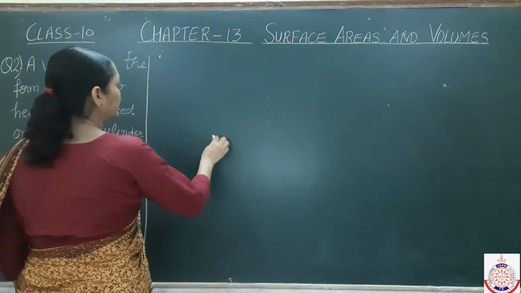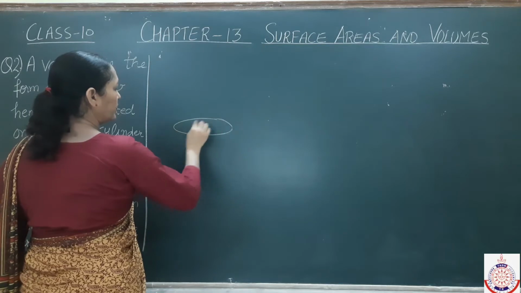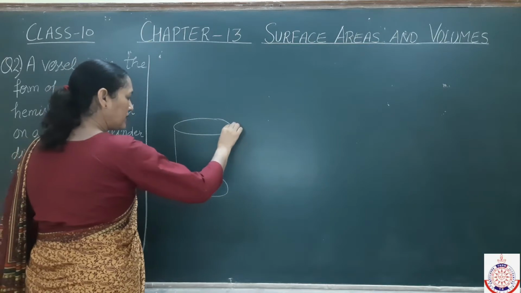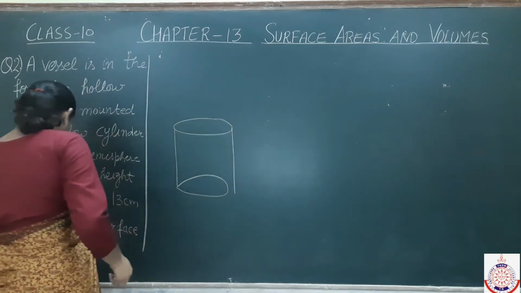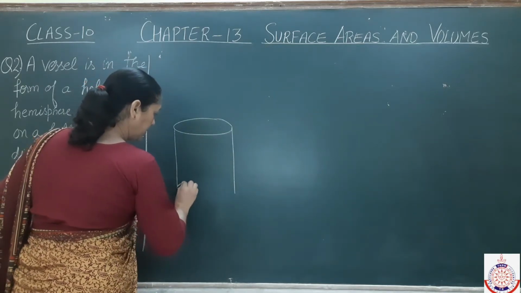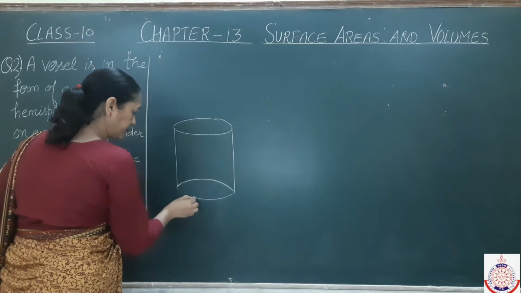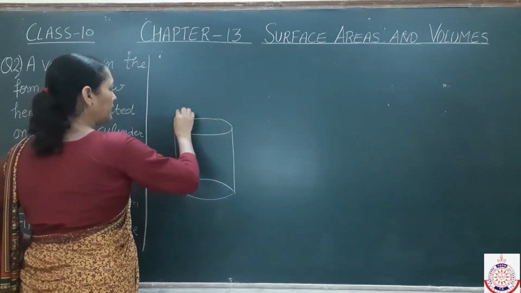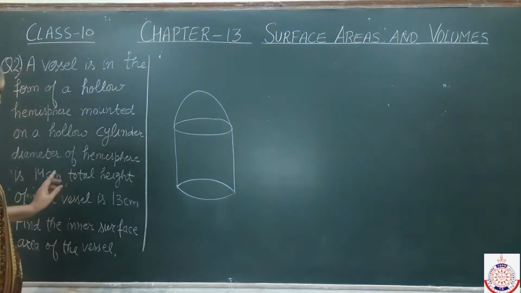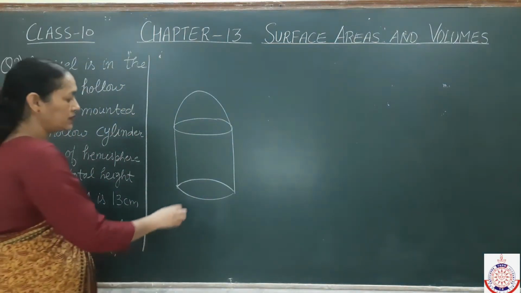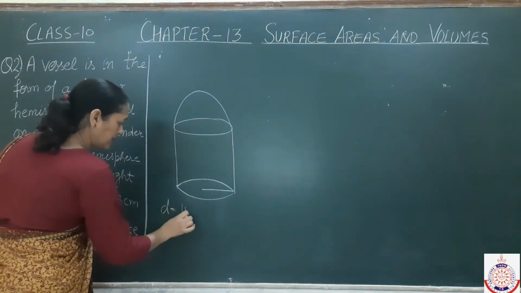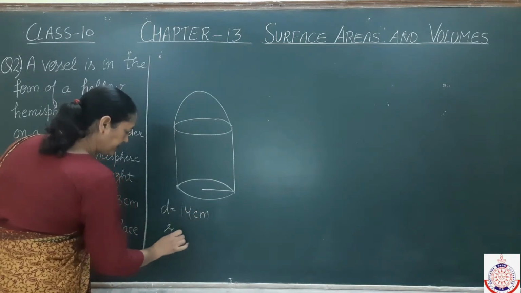So the vessel is a hollow cylinder, and on this cylinder one hemisphere is being kept, and both are hollow, totally covering each other. They are saying the diameter of the hemisphere is 14. That means the radius will be 7.